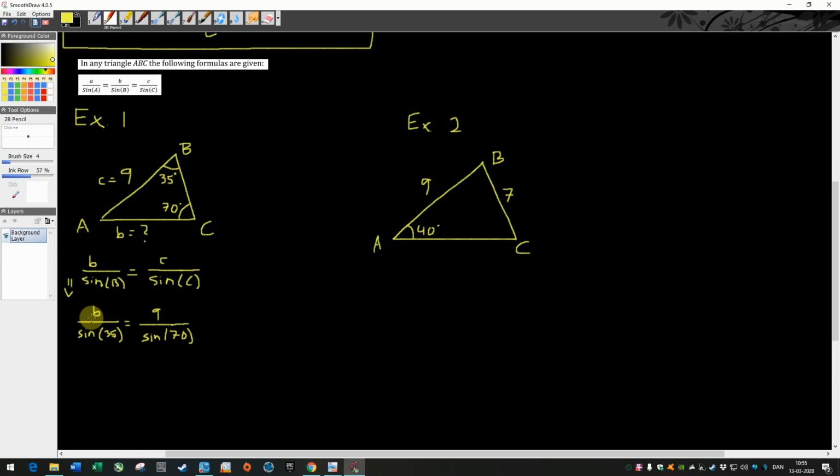So we just want to make b the subject now. And how do we do that? Well, we just multiply with this number down here on both sides. So we are left with b. So b is equal to 9 over sine of 70 multiplied with sine of 35.